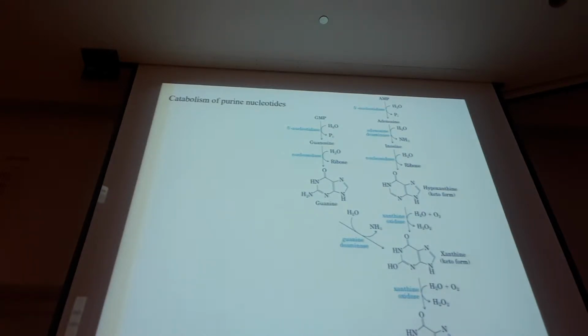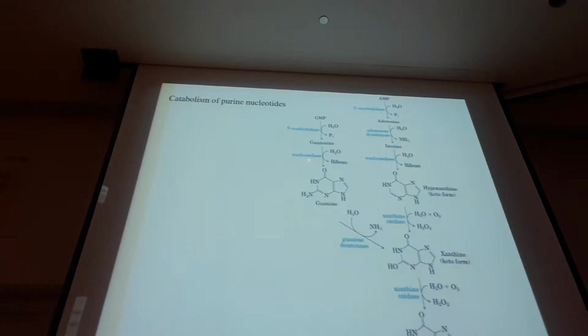Okay, so if we look at a pathway like this, we start out with a nucleotide and we produce just this purine structure here. We shouldn't be surprised if we have enzymes that cleave off phosphates and cleave off sugars. So if we start with GMP, for example, we first remove our phosphate here with the help of so-called nucleotidase, okay, just a hydrolysis reaction to produce the corresponding nucleoside, guanosine, which just has guanine linked to ribose, okay.